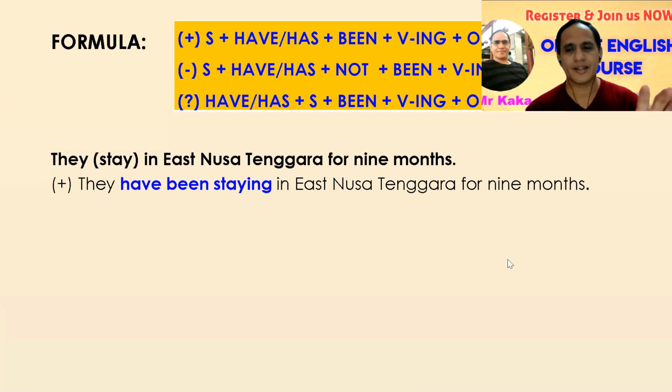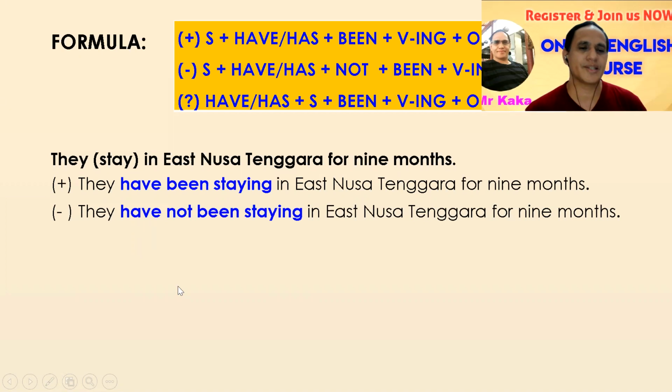Okay, in this case, they already stayed in East Nusa Tenggara for a few months before, and then until now they are still staying in East Nusa Tenggara, and then they will stay again in East Nusa Tenggara for a few months, few weeks, few years in the future, right? Okay, that's the context of this sentence, right?